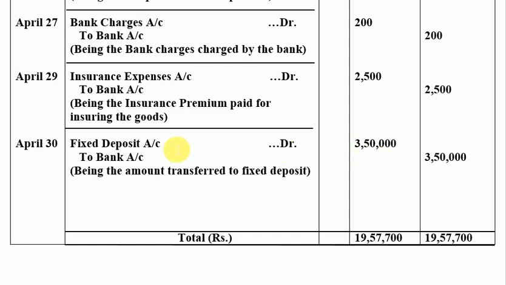So the entry is fixed deposit account debit to bank account, being the amount transferred to fixed deposit. And all transactions being recorded in the journal, and the total of all debit and credit is 19 lakh 57,700.